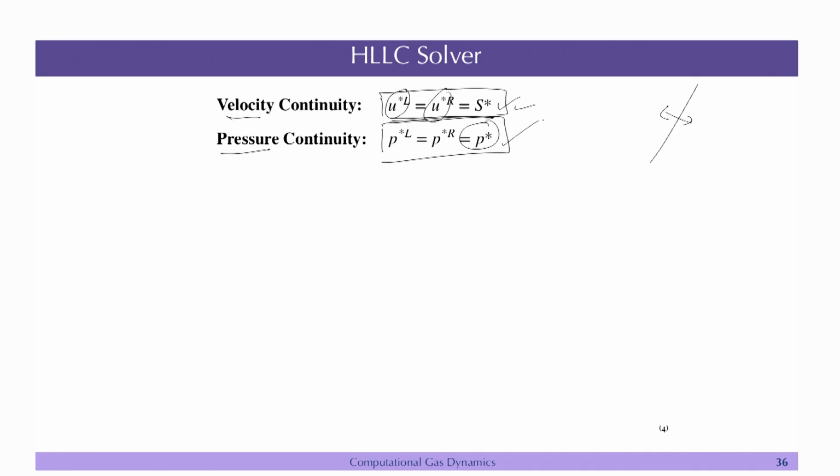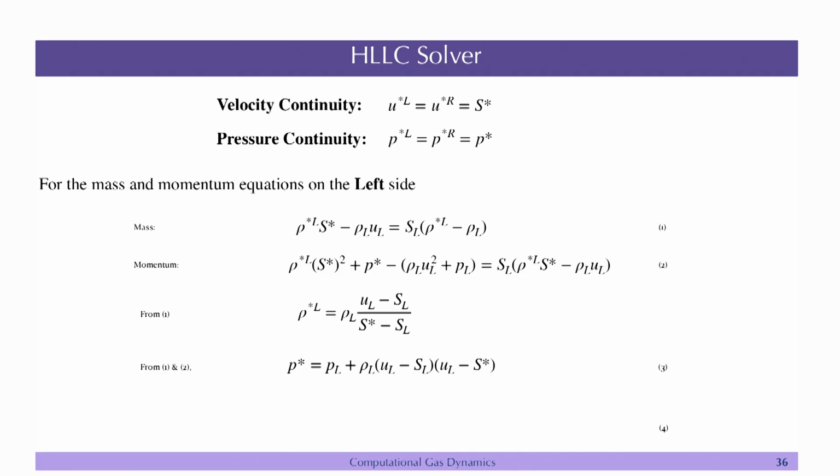The idea is to determine S star and P star. We will first use the mass and momentum equations on the left side, like we did last time.